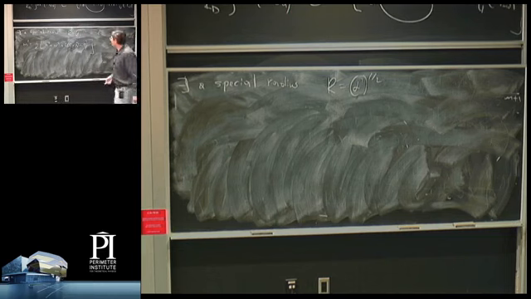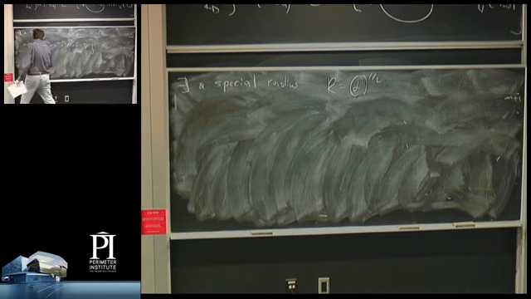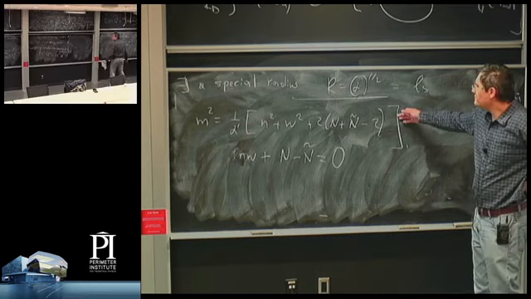And of course, I still have to have my level matching condition. I'm going to use the same notation as before: N minus Ñ plus n omega equals 0.